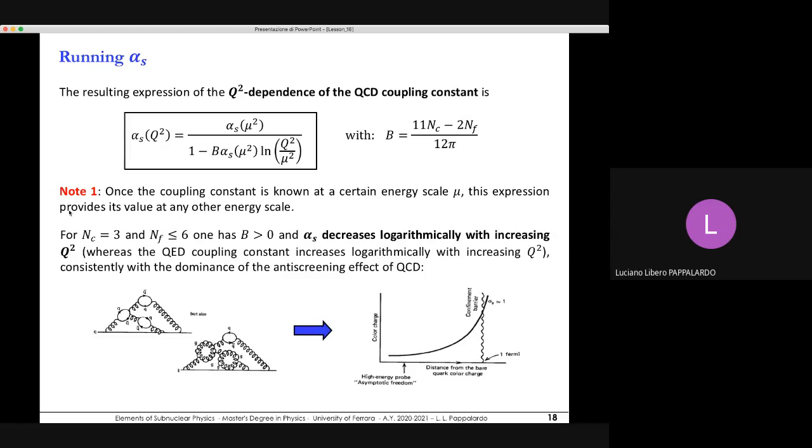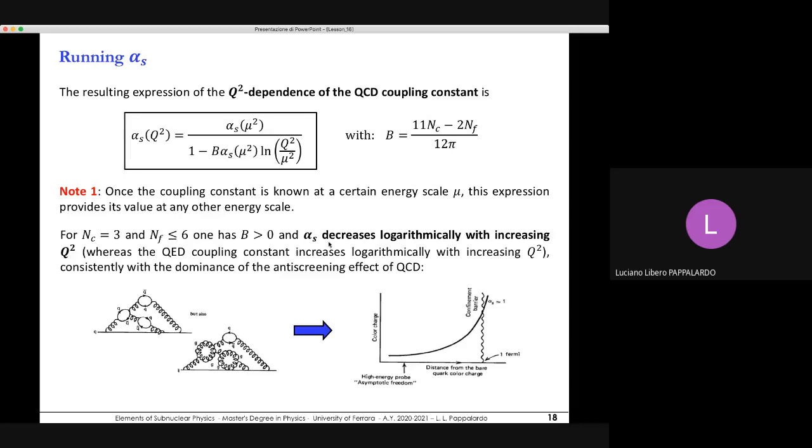In particular, when you put the number of colors NC equal to 3, and the number of flavors below 6, which is of course the standard assumption, then this B factor becomes negative. As a consequence, you have a negative value here, so it becomes positive at the end.